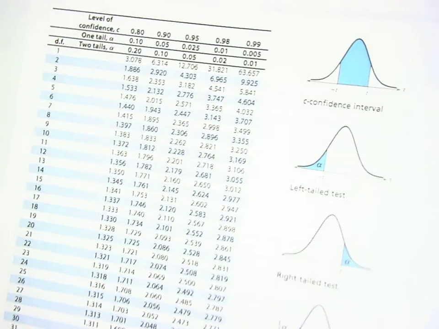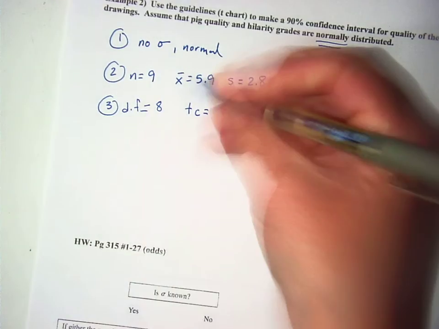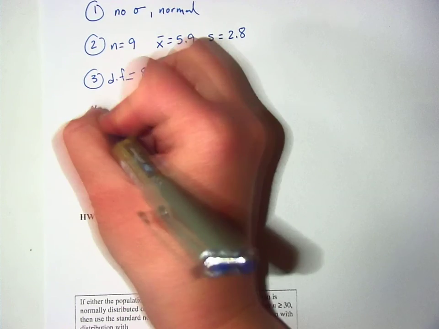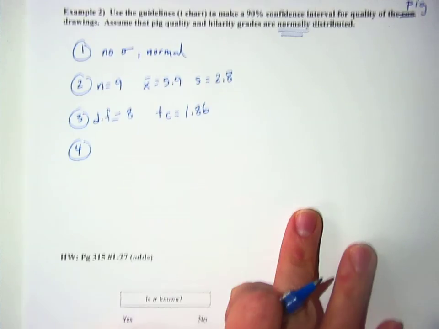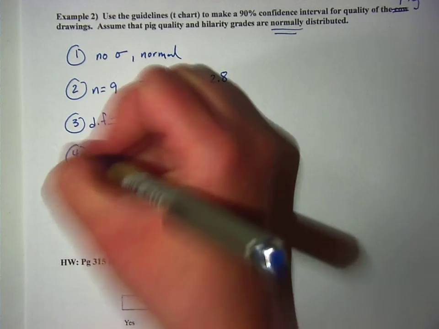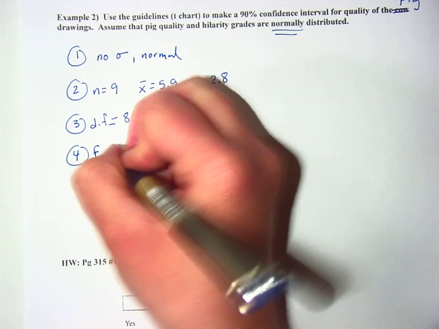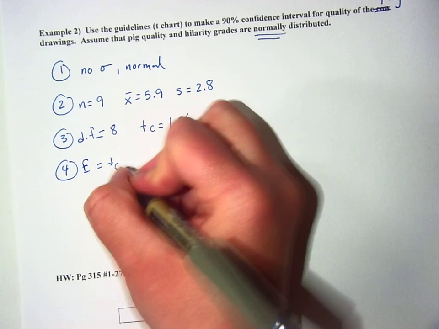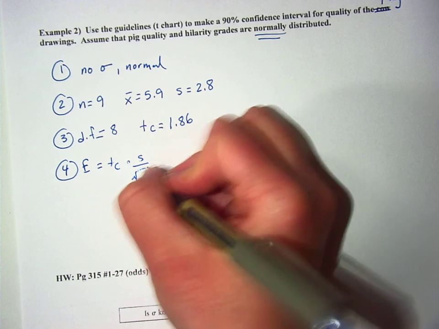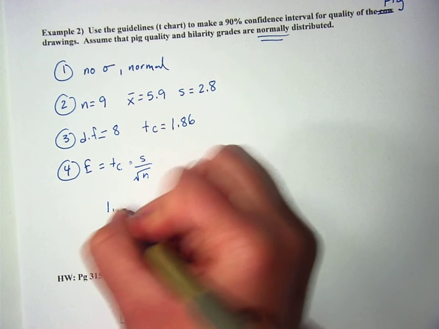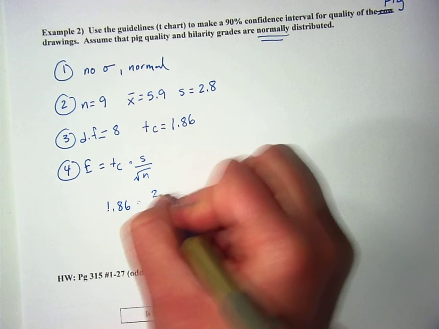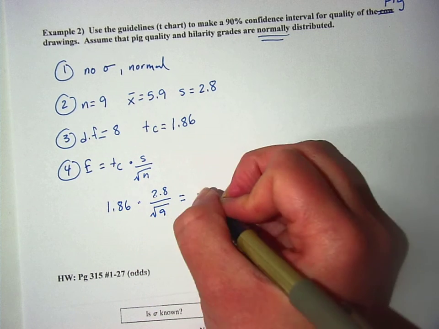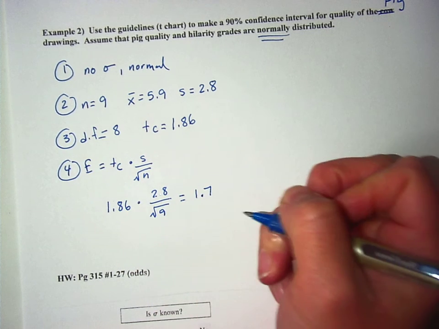Step 4, we have to find the error. The error is T sub C times S divided by the square root of n. So that is 1.86 times 2.8 divided by the square root of 9, which turns out to be 1.7.